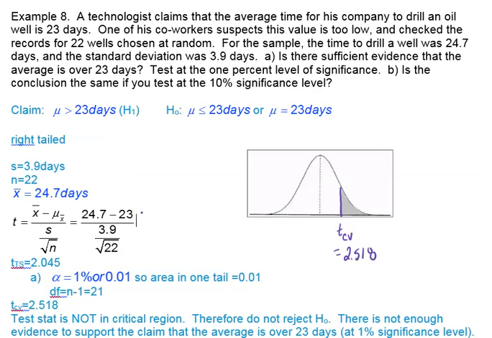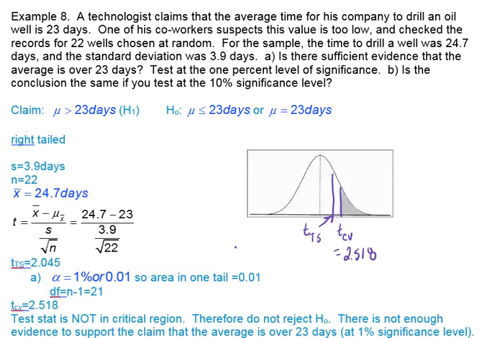Our 2.045 is not further this way, it's a little bit to this side. So there's our test statistic. We can see it's not in the critical region, and remember the nots go together. So not in the critical region, do not reject H0. We're not rejecting this one, it means we're not supporting this one.